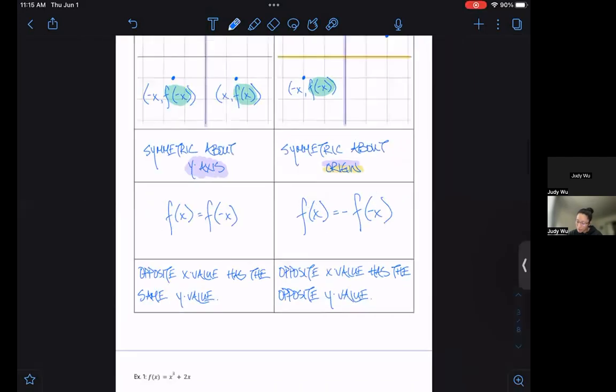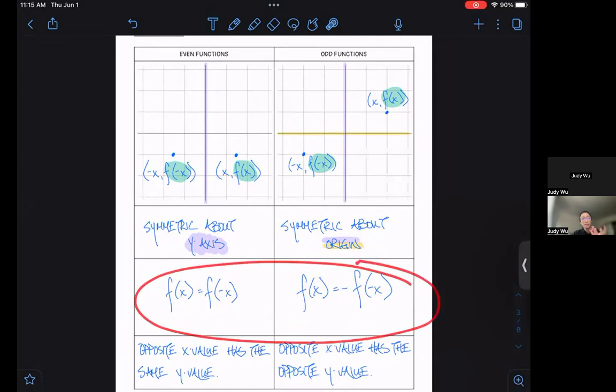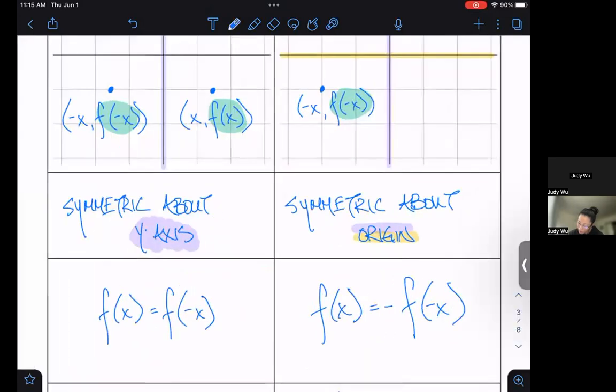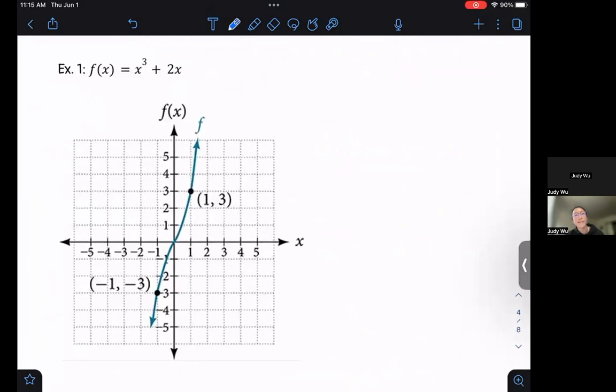All right, so let's get that back all on one page real quick. We've got our symmetry that's different, but what we're going to practice now is how do we show using algebra that something is even or odd, okay? Let's take a look at example 1. Example 1 says f of x is equal to x cubed plus 2x. And when you plot it, you get something like this. We've even got a coordinate here, 1, 3 and 1, negative 3. So based on this, what are your guesses?